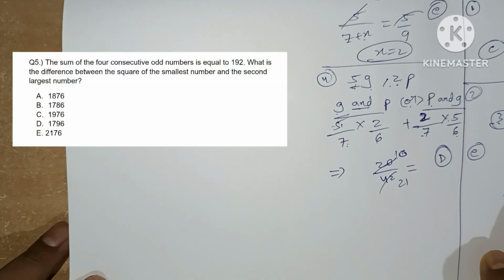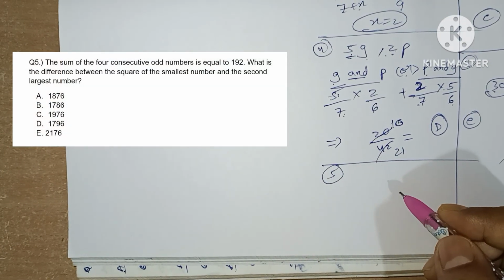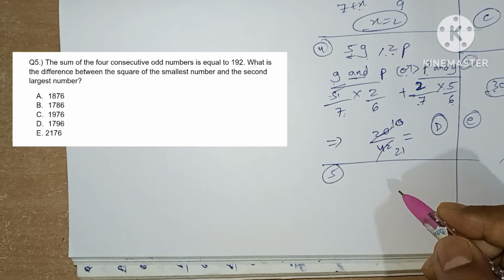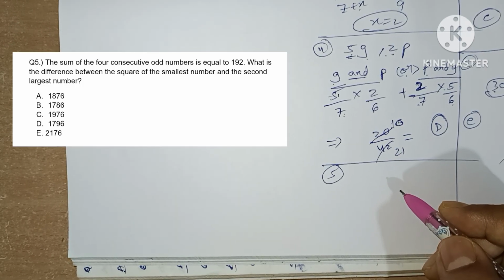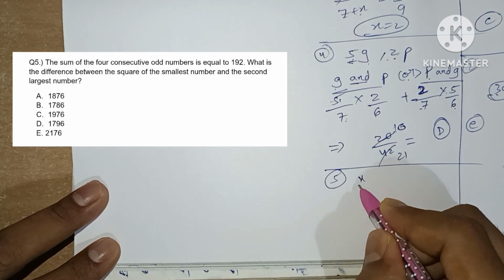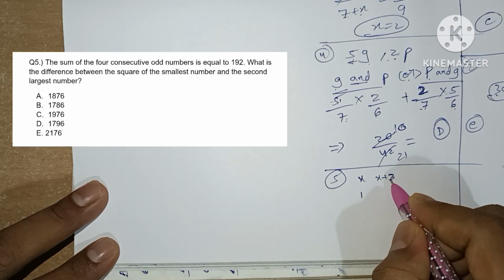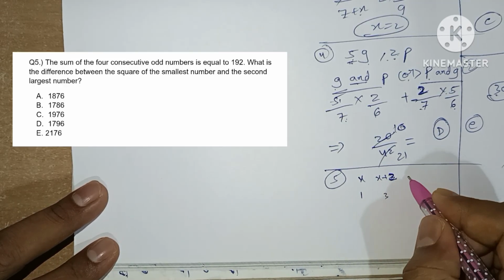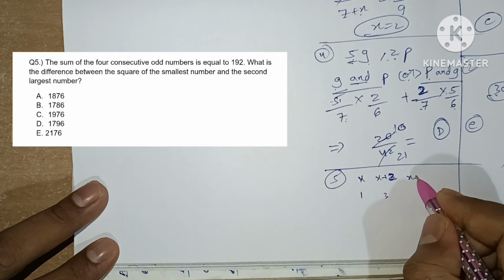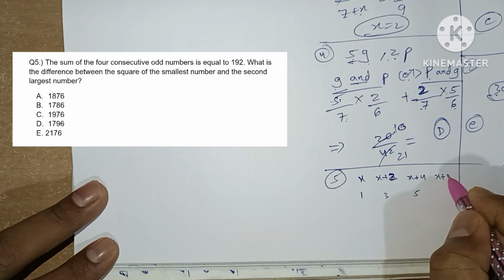Next, question number 5. The sum of 4 consecutive odd numbers is equal to 192. What is the difference between the square of the smallest number and the second largest number? Let's take x, x plus 2, x plus 4, x plus 6.